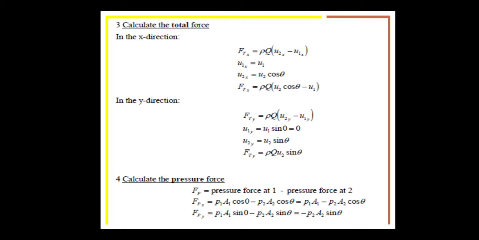Since cos 0 is equal to 1, it becomes P1 A1 minus P2 A2 cos theta. Then for the y direction, F of Py is equal to P1 A1 sin 0 minus P2 A2 sin theta. Since sin 0 is equal to 0, the pressure force in the y direction is equal to minus P2 A2 sin theta. This is the calculation for the pressure force.